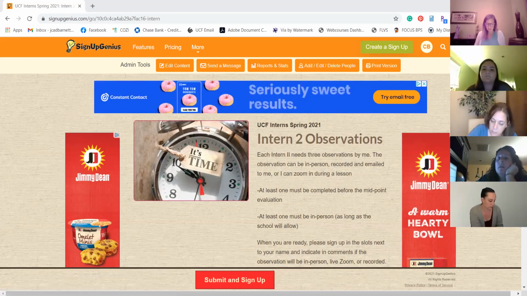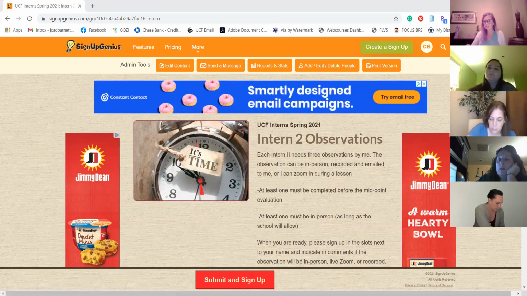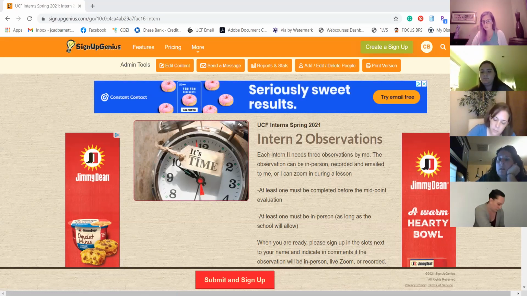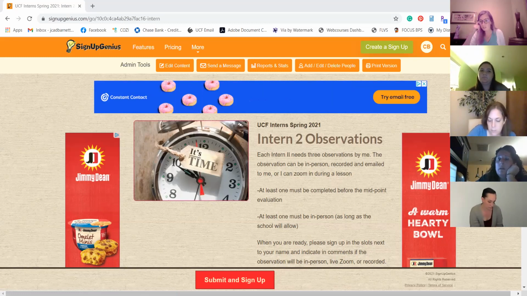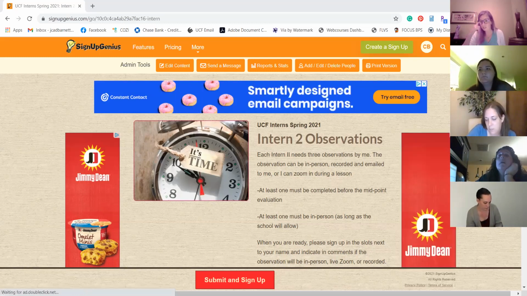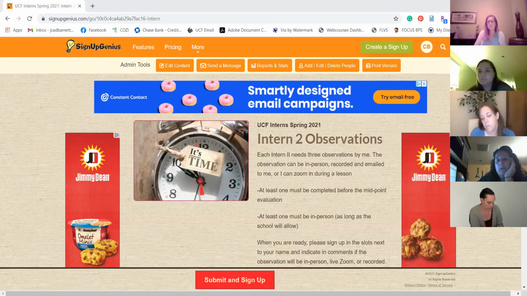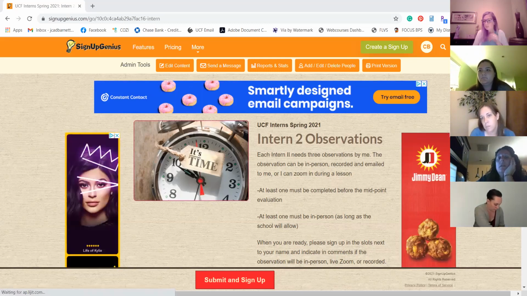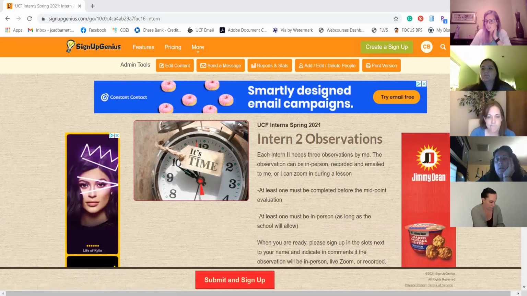I just feel like I can see it on one or two pages versus scrolling up and down, and then I tend to write faster than I type too. So they could do that every time. And sometimes it's just more convenient to sit there with a clipboard than a computer too. So that's why I send you all the forms, and I've also sent them to the supervising teachers.